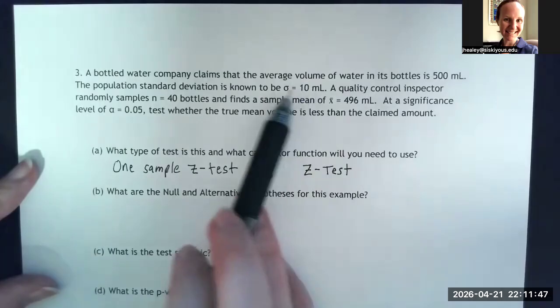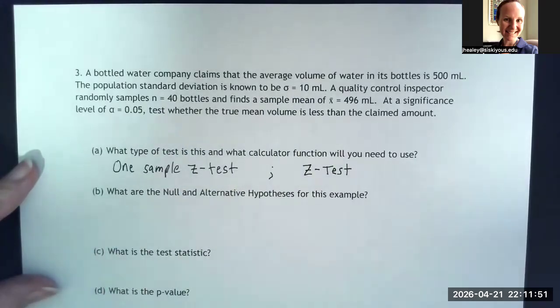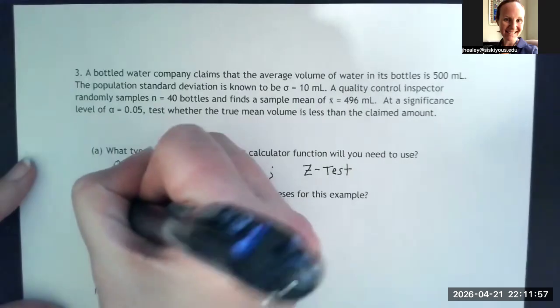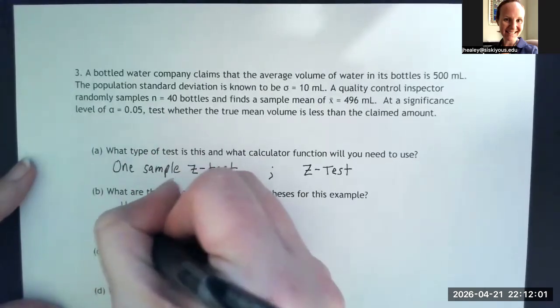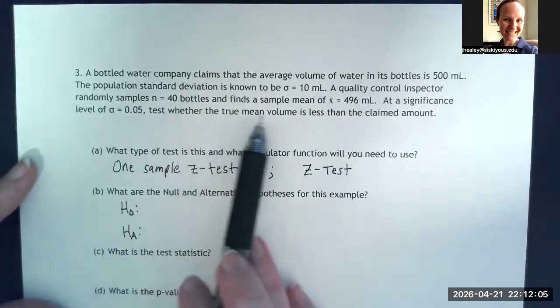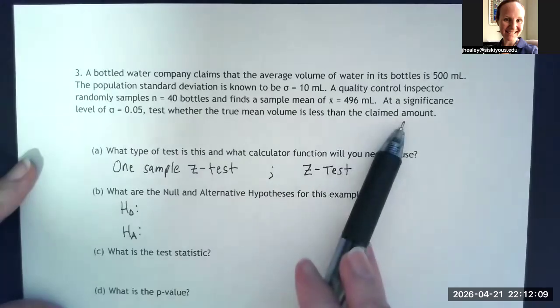Okay, so they've actually listed out nicely for us all of the data that we're going to need to enter. So what is the null and alternative hypothesis for this example? We're going to write down the null and alternative, where they're saying test whether the true mean volume is less than the claimed amount.